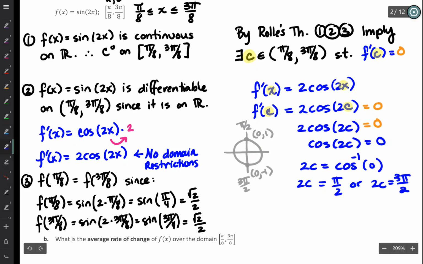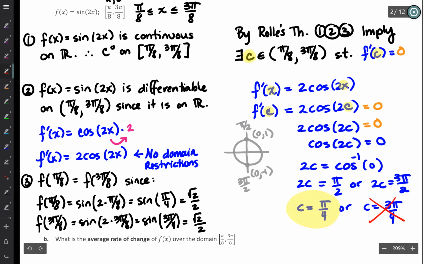On both of these, dividing both sides by 2, we get that c is pi over 4, or c is 3 pi over 4, and the c value that lives in between pi over 8 and 3 pi over 8 is pi over 4.